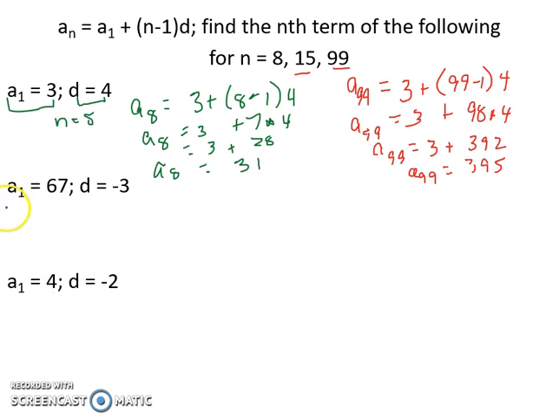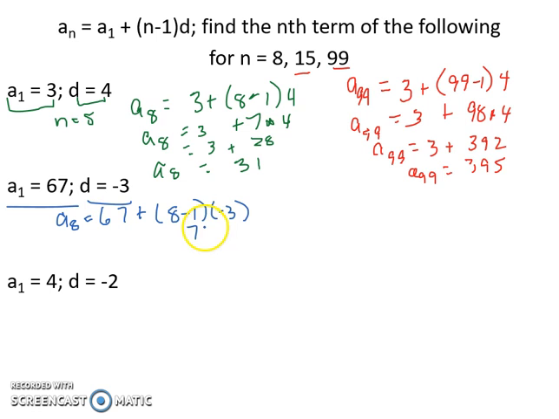Now let's take a look at the next one. A1 is 67, and we have a distance or difference of negative 3. So if we have n equals 8, A8 will equal 67 plus 8 minus 1 times negative 3.